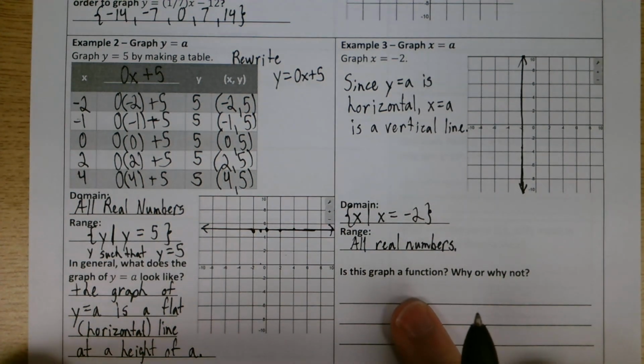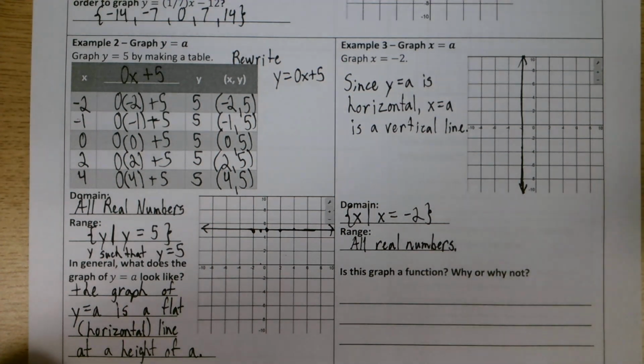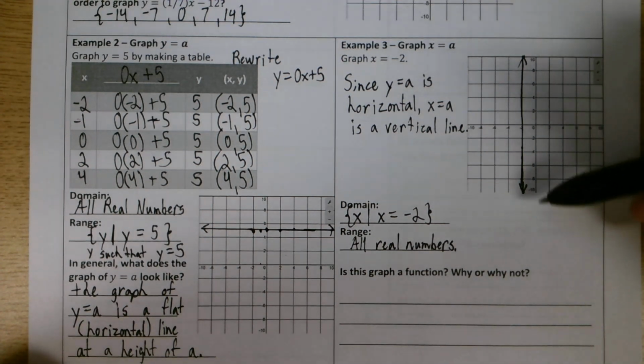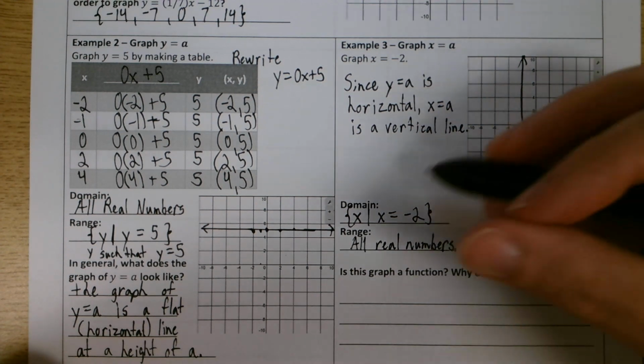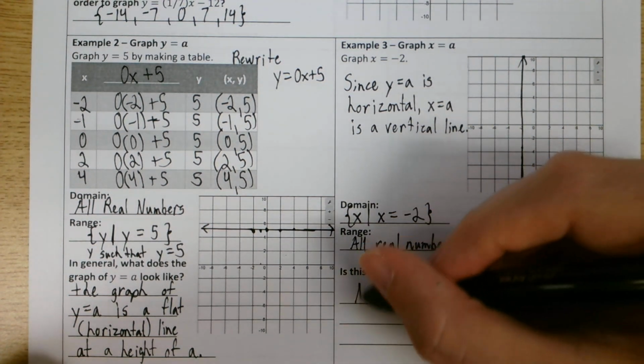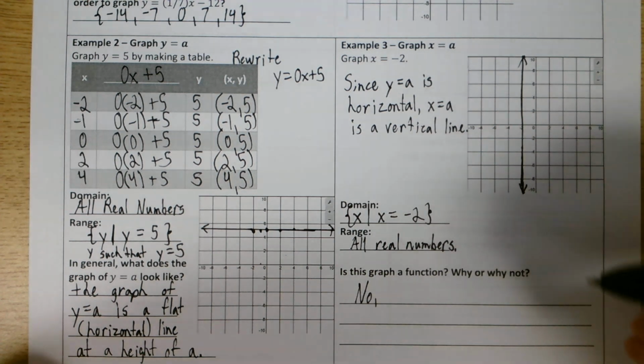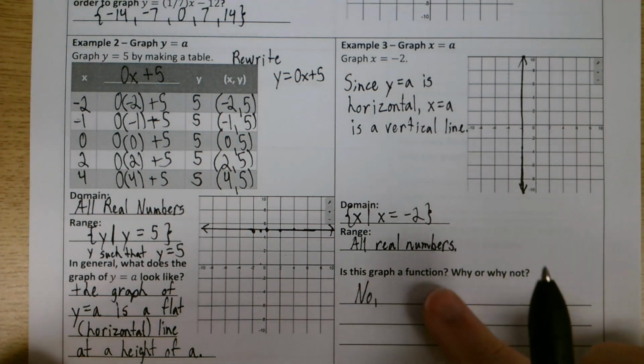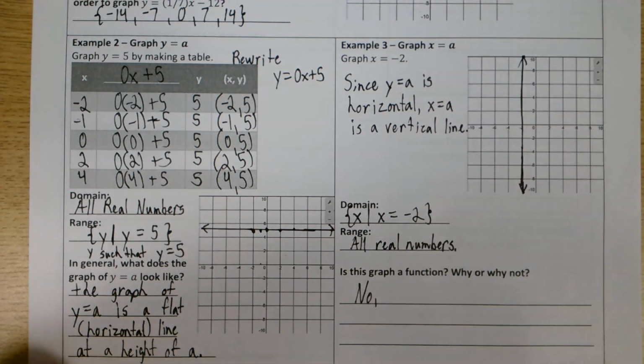Is this graph a function? Well, let's think. It's a straight line, straight up, straight down. So, no. It is not a function. X equals a is not a function.